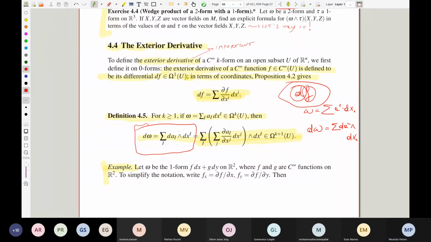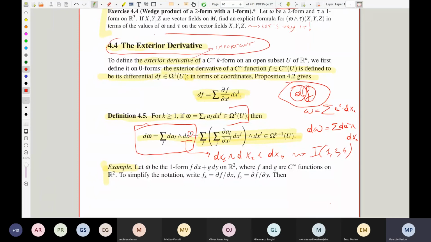This is actually a definition for omega_K, where K is a multi-index, which is a shortcut for dx1 wedge dx2 wedge, I don't know, dx4. This corresponds to the multi-index 1, 2, 4. It's just a shortcut to denote higher-dimensional differential forms. This operator is called the exterior derivative.